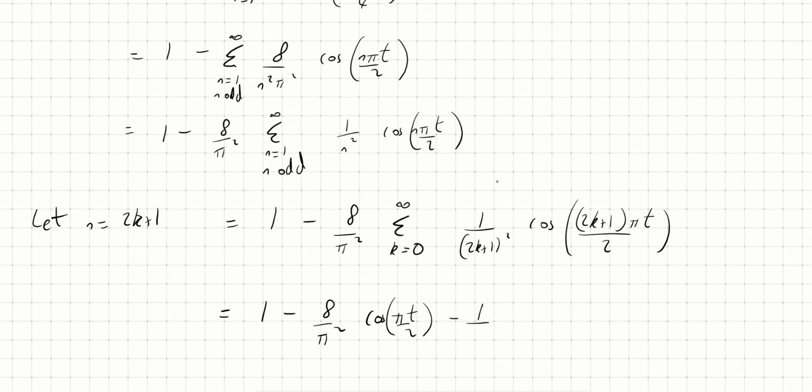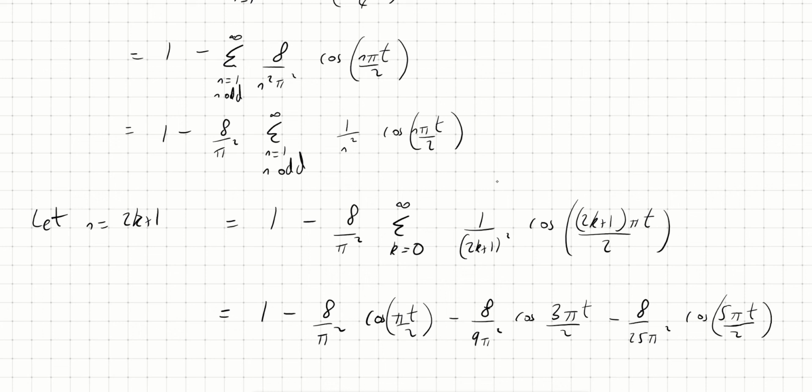We need to keep that 8 over pi squared term. So we get 8 over 9 pi squared cos 3 pi t over 2. And then when k equals 2, we get n equals 5, so we get minus 8 over 25 pi squared cos 5 pi t over 2.